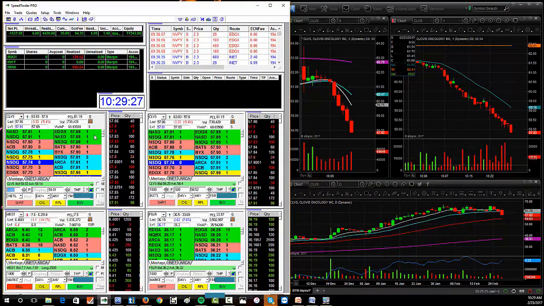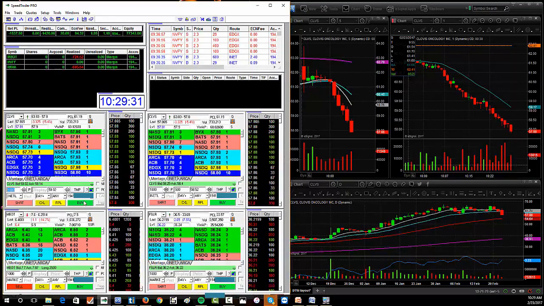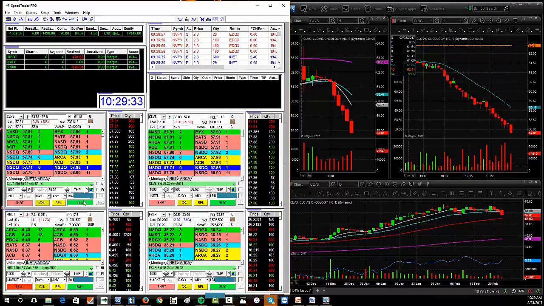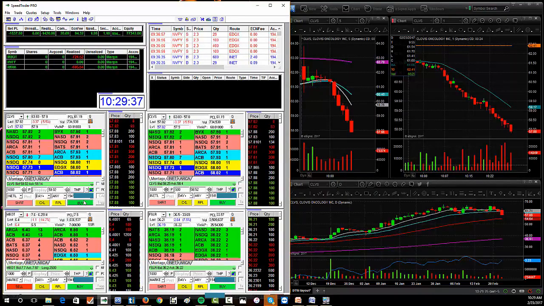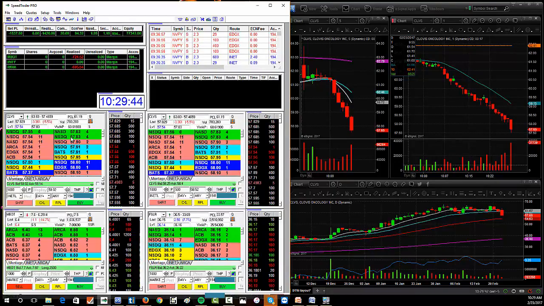So now if it breaks up over 58, I'd get in for the break over the whole dollar. See on CLVS, as we dip down below, if it's truly weak, it won't be able to get back above the whole dollar.